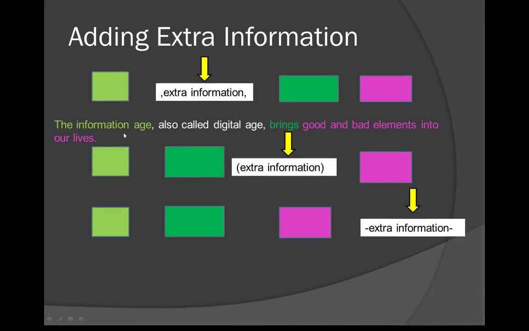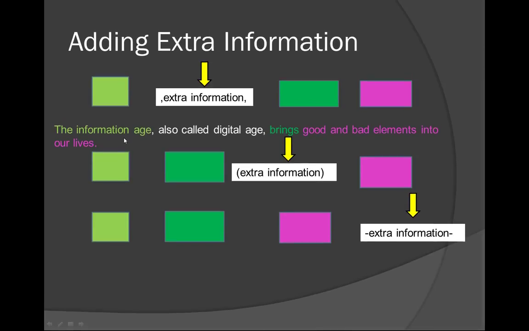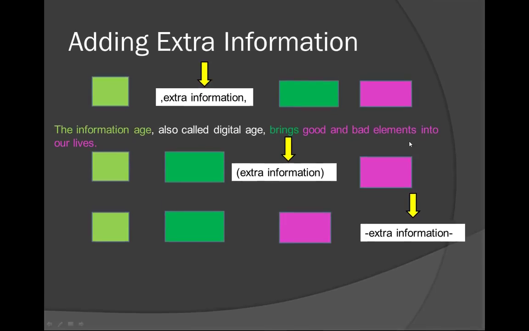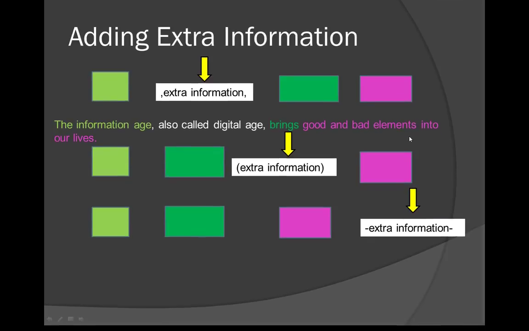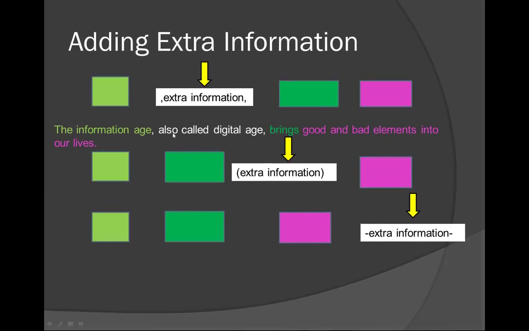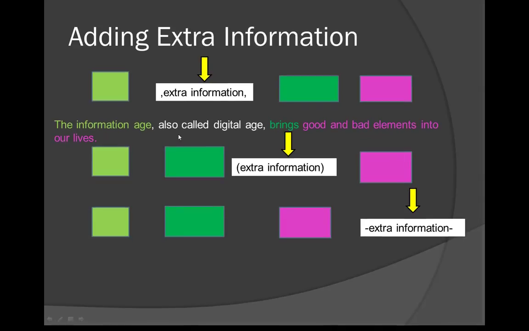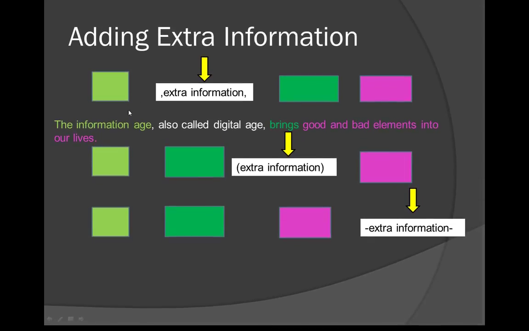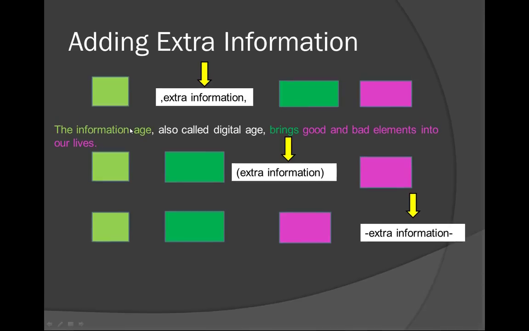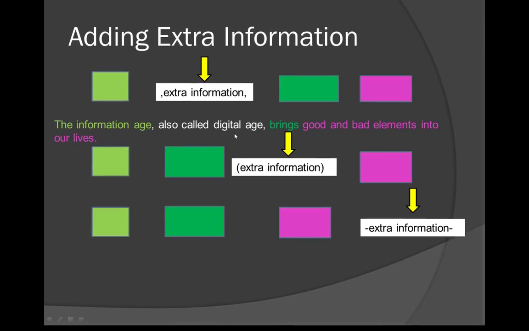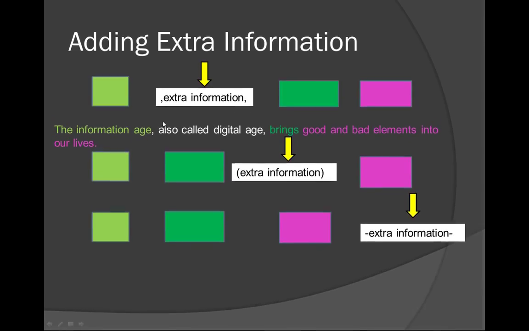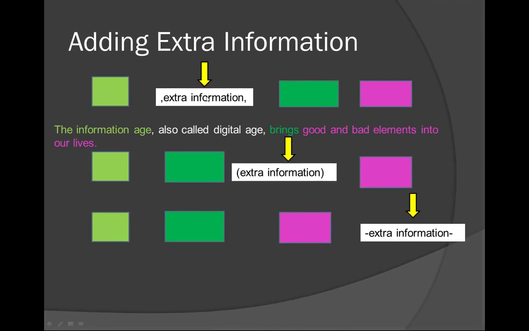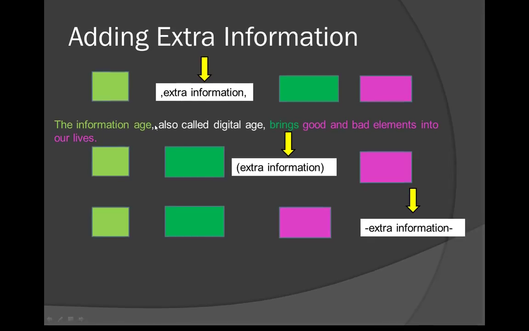The information age is my subject. Brings is my verb. Good and bad elements into our lives is my complement. I've added extra information right after the subject. It's another name we can call the information age. I can eliminate the extra information from the sentence, and the sentence is still complete.